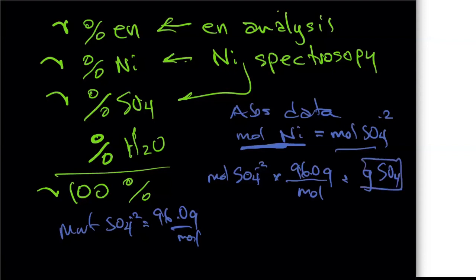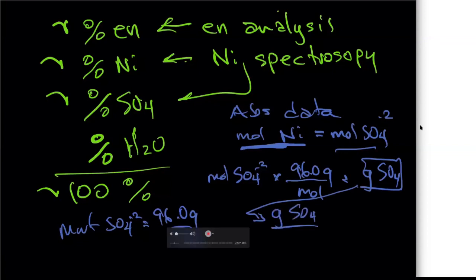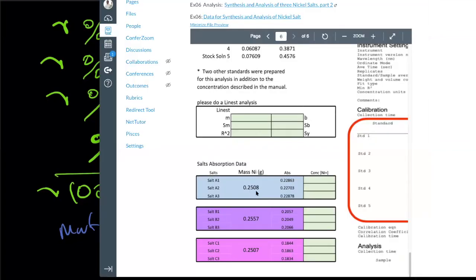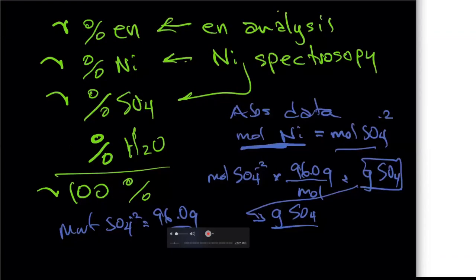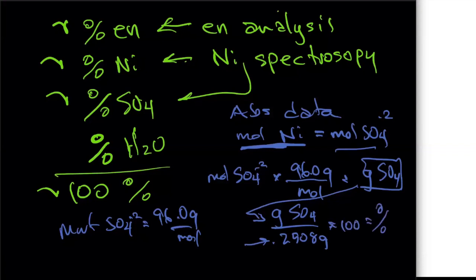Once you have the grams of the sulfate, remember the sample that we use in this analysis was 0.2508. That's the mass we use for salt A. So if you take the grams of the sulfate, which is the mass of sulfate in that sample, and divide by the mass of the sample, that's the mass in which I did my analysis, times 100, that is equal to the percent of the sulfate.